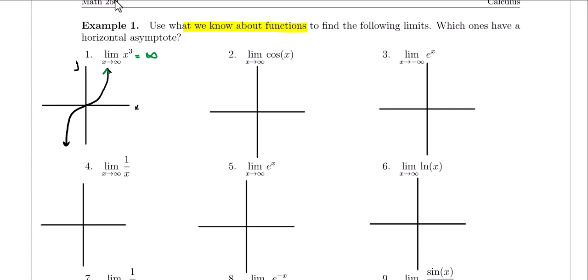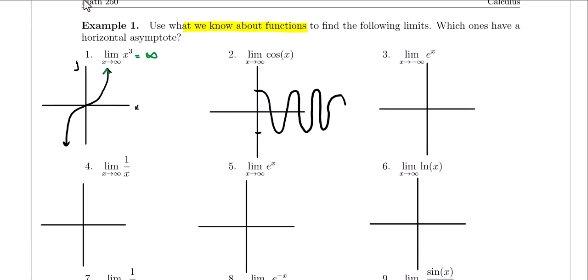Okay, now what about the next graph? What would be the limit for the cosine function as the x gets larger and larger in the positive direction? Alright, so how did the cosine function look like? Well, we made a sketch in the previous video, so I'm not going to go into a lot of detail with this sketch, but I'll just mention this. Our cosine is going to be oscillating between y values of positive 1 and negative 1, and it's just going to keep on going.